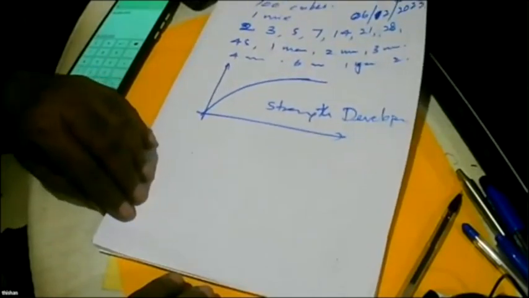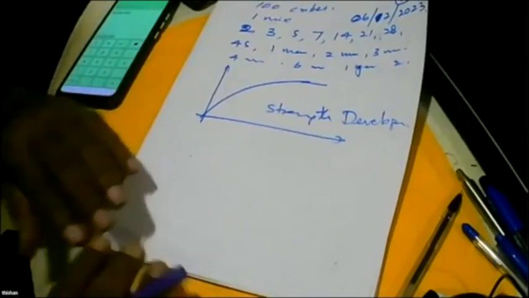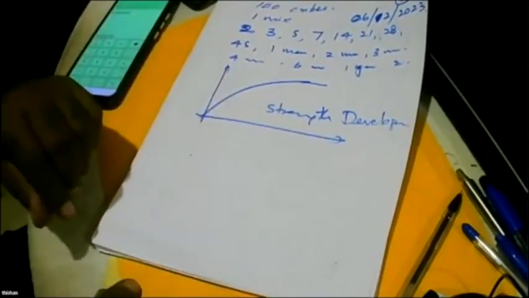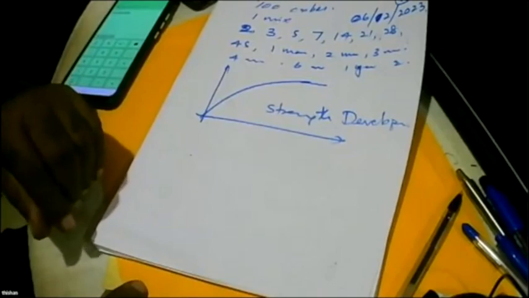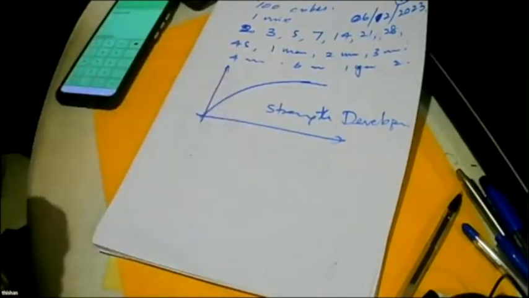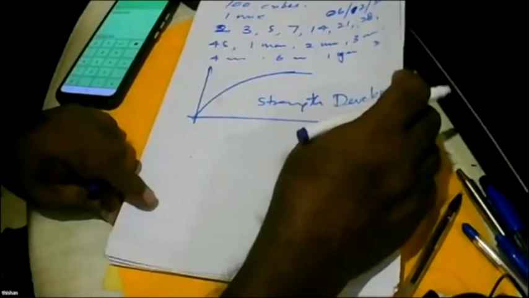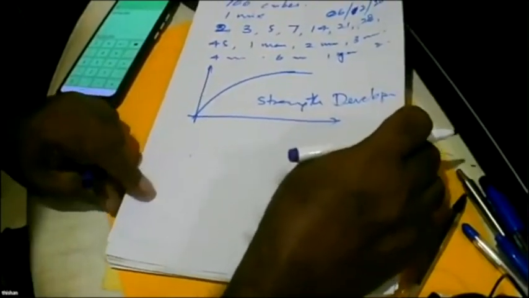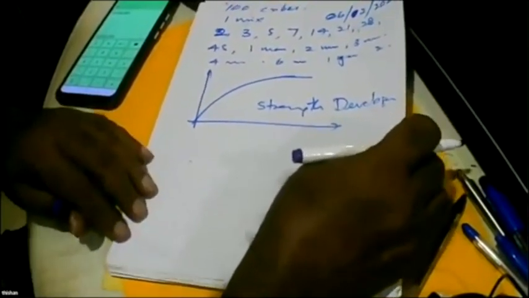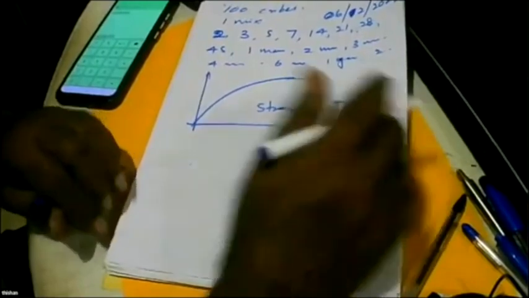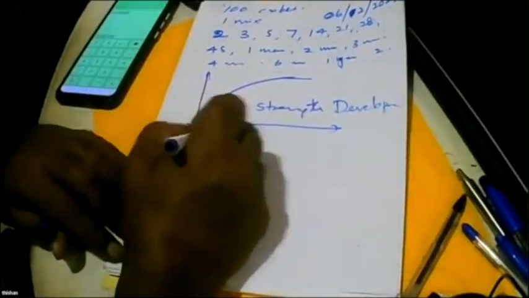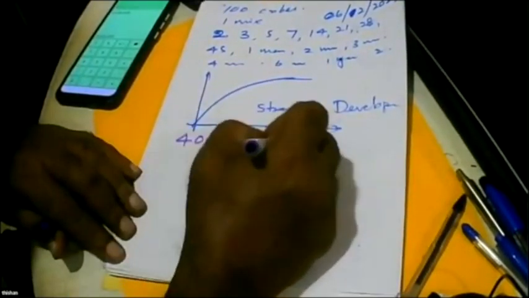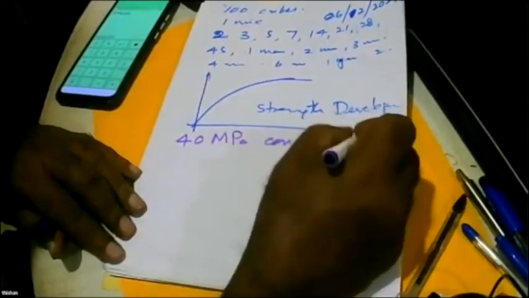Sometimes some consultants are too conservative and they say, oh, I don't accept anything other than a mix from a truck mixer. So you have to deal with that type of consultants as well. But generally you have to be adventurous if you ever want to come out of the mess that we are in. Now 40 megapascal concrete. For what? For the column.